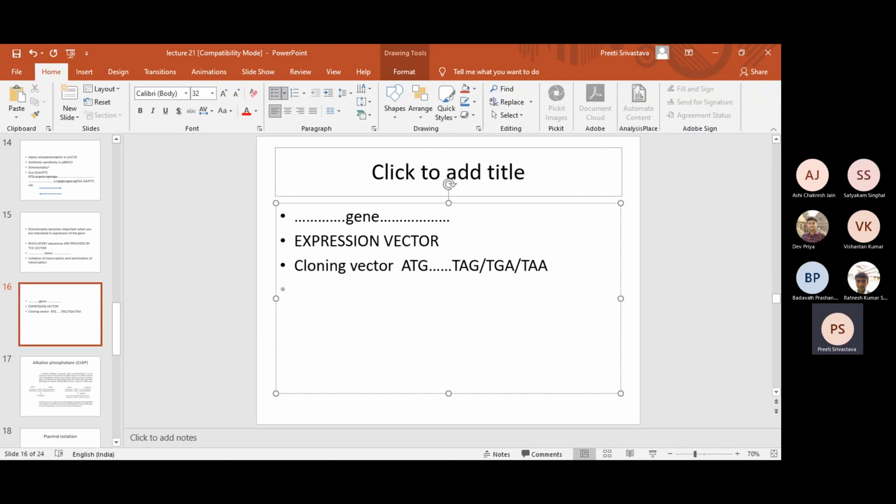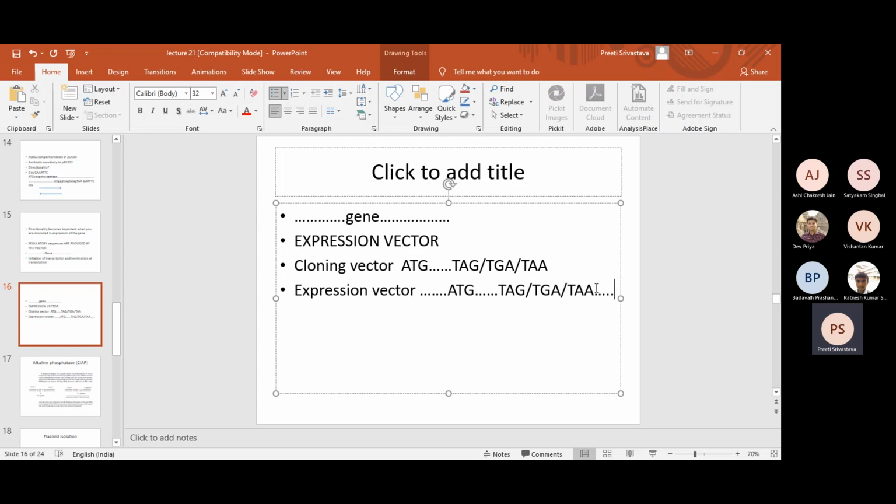In an expression vector, you can clone the same ATG to the stop codon, but for expression it requires the sequences above and below. Is it clear?